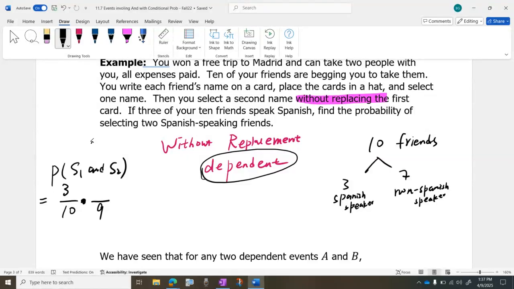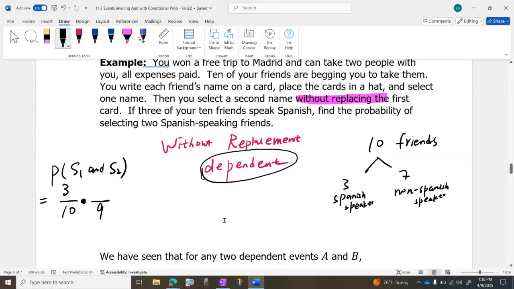We know the first time you already got a Spanish-speaking friend. Okay? The first time you got a card on which the name belongs to a friend who speaks Spanish, you already got a Spanish-speaking friend. When you draw the second card, you only have 9 cards left.